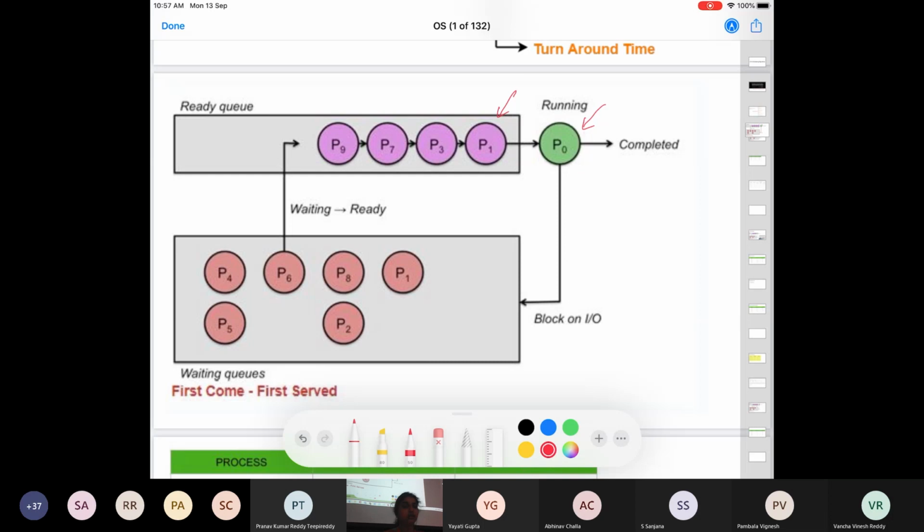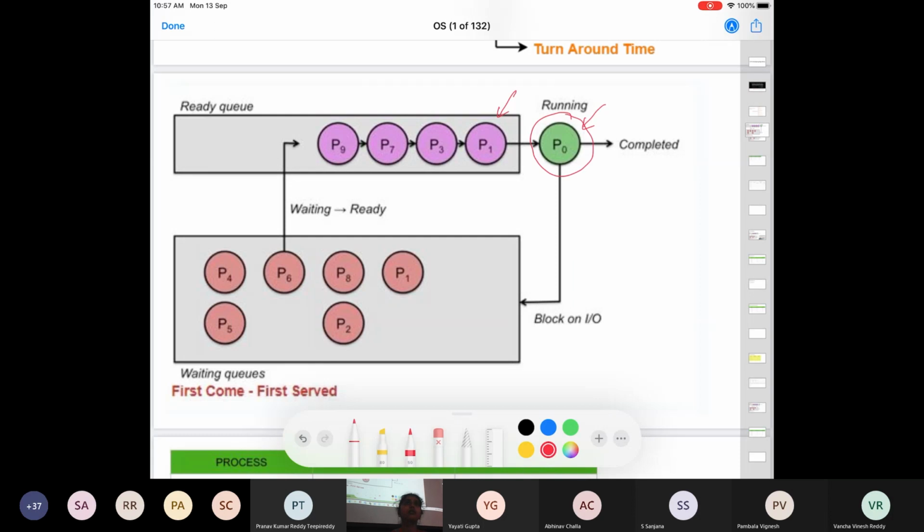Now, when you execute a process on CPU and its CPU burst time is over, it is possible that it is not terminated. We discussed this. A process has two kinds of bursts, a CPU burst and an input output burst, and they will alternate. It will require CPU for some time, then input output for some more time, then CPU for some time, right? So let's say P0 is the one here which came first.